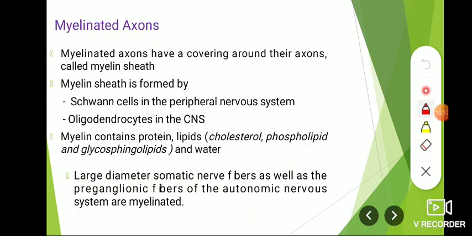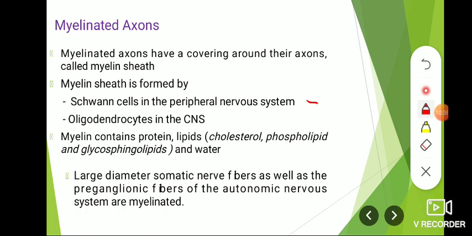Now based on myelination, myelinated axons have a covering around their axons called the myelin sheath. Myelin sheath is formed by Schwann cells in the peripheral nervous system, and as I mentioned, it forms at least about 100 layers around the axon, and one Schwann cell covers a single axon.